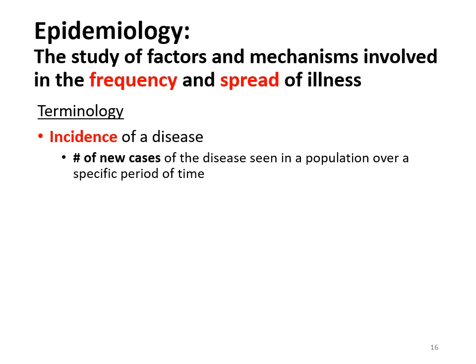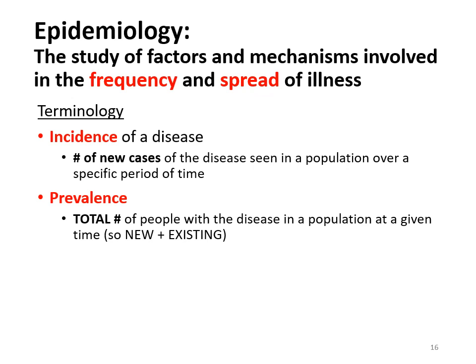The next terminology is prevalence. Okay, prevalence now, instead of just the new cases, this is the total number of people with that infection. So that means any of the new cases plus anyone who already had this infection.